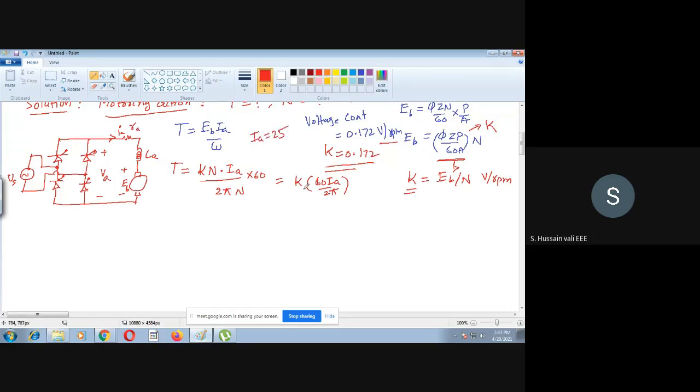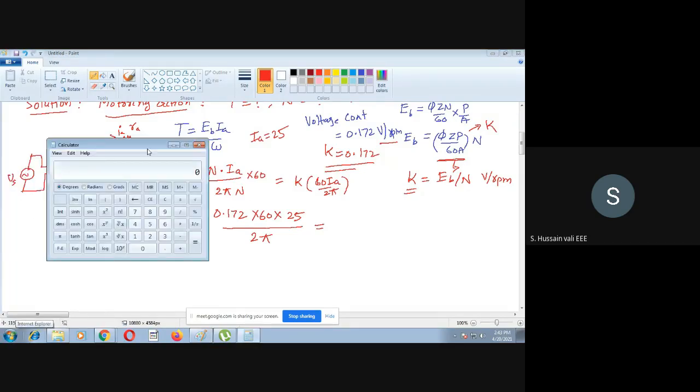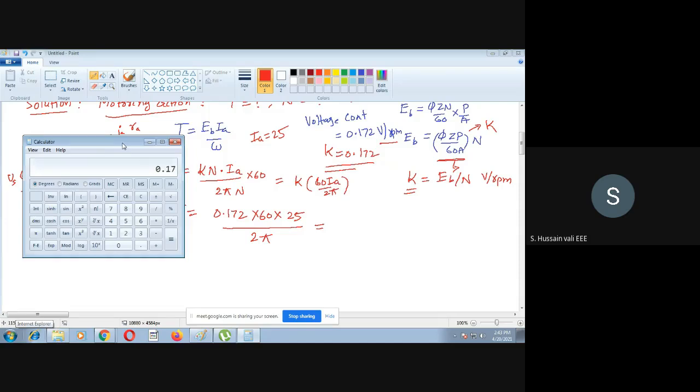Then we'll substitute this here. So T is equal to K value 0.172 into 60 into IA 25 divided by 2 into pi. What is the answer you will get? 0.172 multiplied with 60 multiplied with 25 divided by 2 divided by pi.